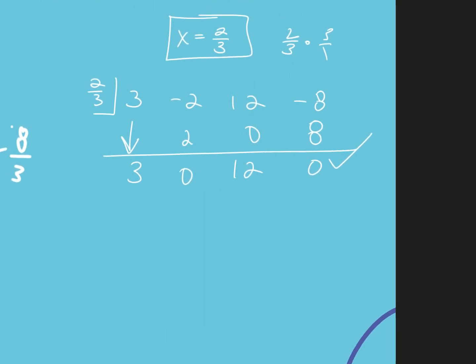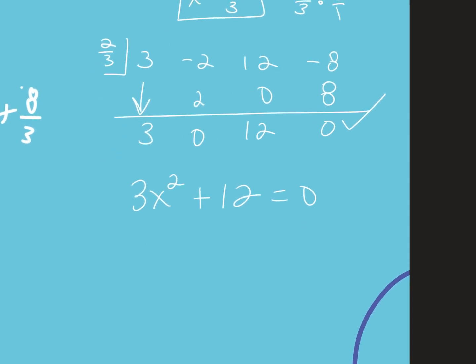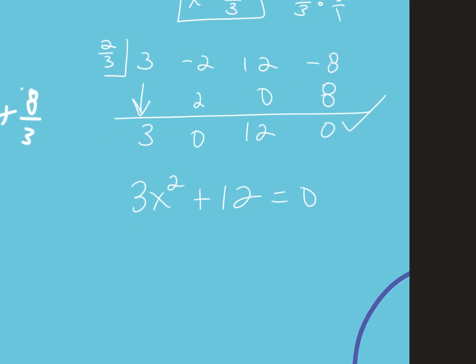So what is left over here? 3x squared plus 12. Why is it just 12? There are 0 x's. Now, can you all solve this? What do I take out of 3x squared and 12? 3, and I'm left with x squared plus what? 4 equals 0.